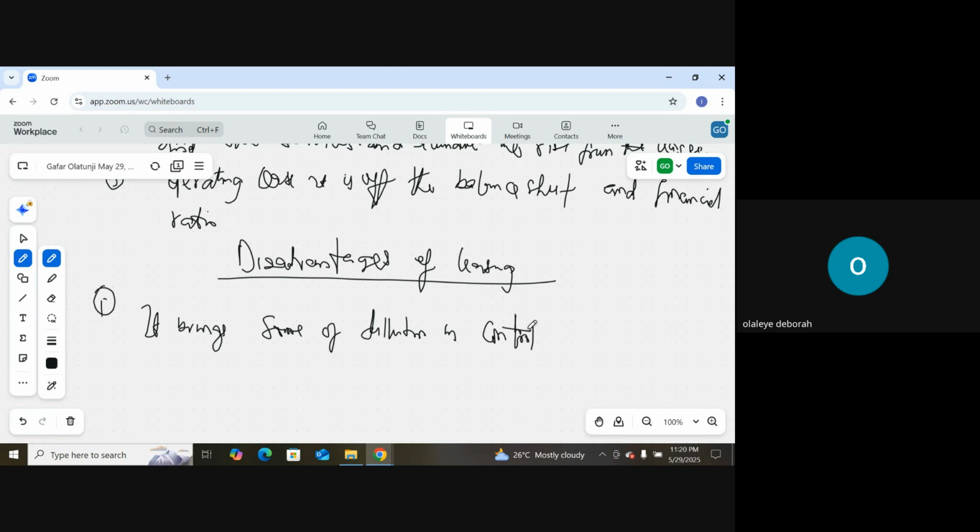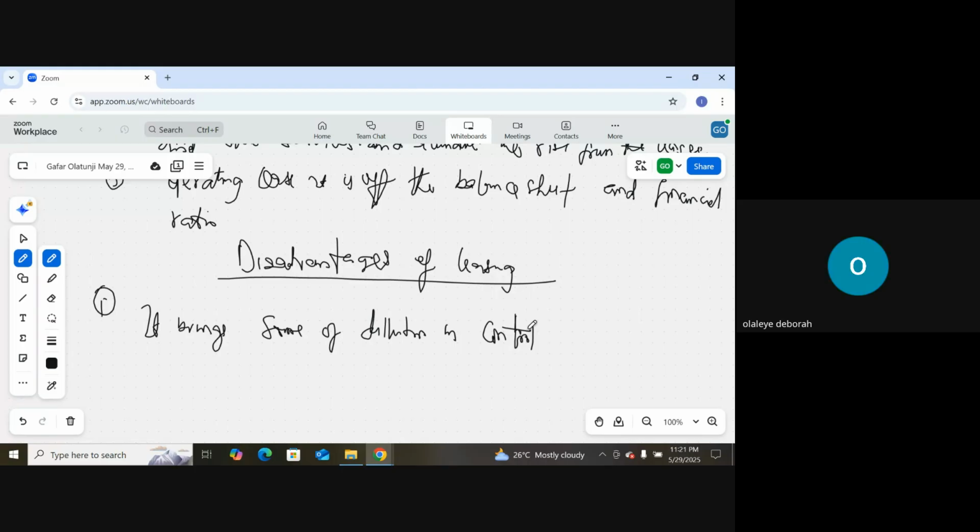How, sir? Unlike other debt finance, which cannot bring a dilution in control, when it comes to leasing, in terms of control, when you lease a property, you are not the true owner of that asset, but you have the right to use it.